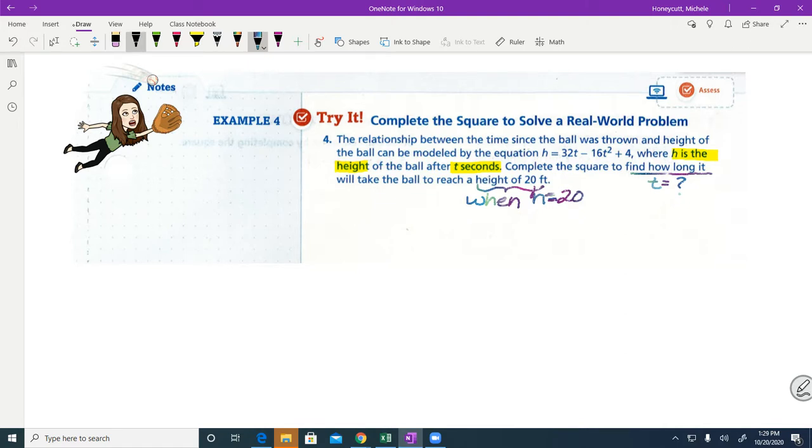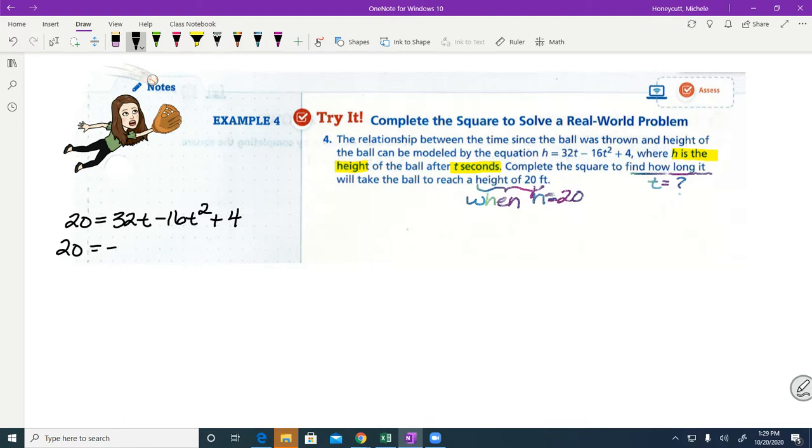So let's do that and see what we have. If I substitute in 20 for h, I'll have 20 equals 32t minus 16t squared plus 4. Now, I like to have the squared part first, so I'm just going to rewrite it, bringing that negative 16t squared first.